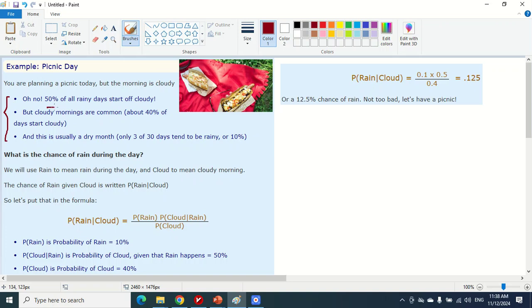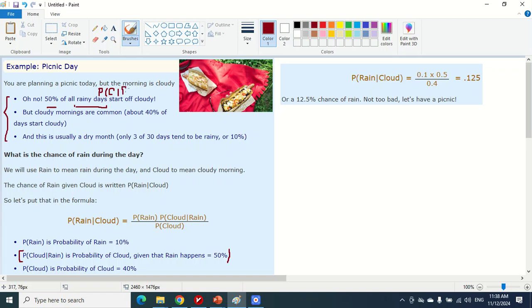It's given that 50% of all rainy days start off cloudy. So this can be interpreted by this probability. The first fact determines the probability of being cloudy. Let me just use the letter C to denote cloudy and R to denote rainy. 50% of all rainy days means that we have already announced that the day is rainy, meaning the rain has already happened.